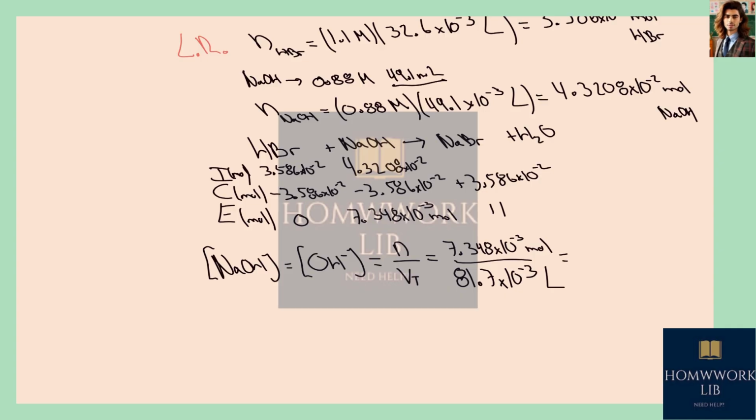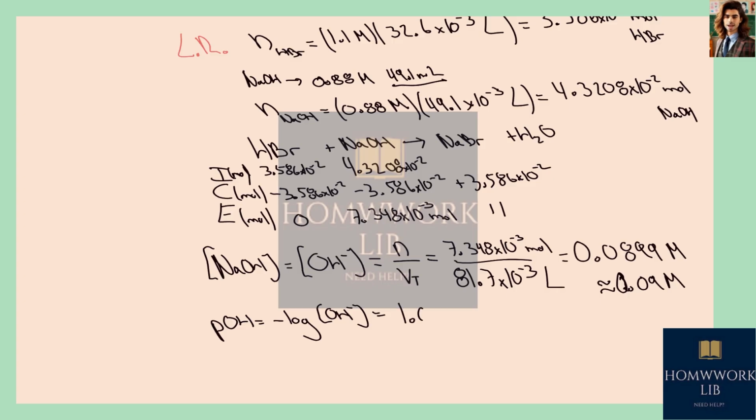This gives a concentration of 0.0899 molar, which is approximately 0.09 molar. Okay. Now, the pOH is equal to minus the logarithm of the concentration of OH minus, giving 1.05.